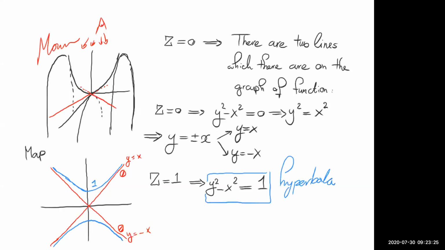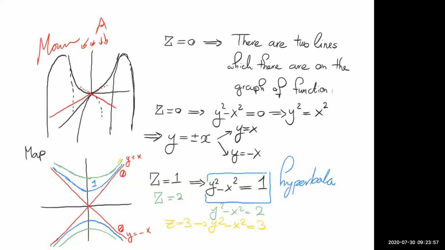We can look where the height, for example, is 2. We would get y squared minus x squared equals 2. It's similar, it's above this one, and on the other side, it's below the green one. And we can continue doing that. For example, what if the elevation from sea is 3? It means y squared minus x squared is 3.